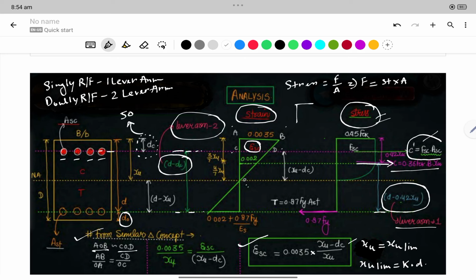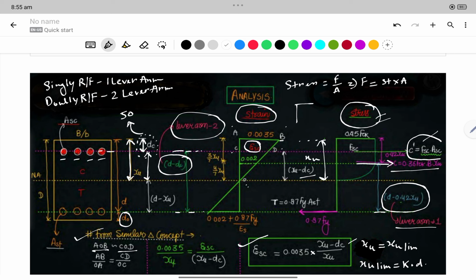This OC value is XU minus DC. How is it coming? From this to this it is XU, depth of the neutral axis, and this part is DC. So this small part will be XU minus DC. And this total is XU.